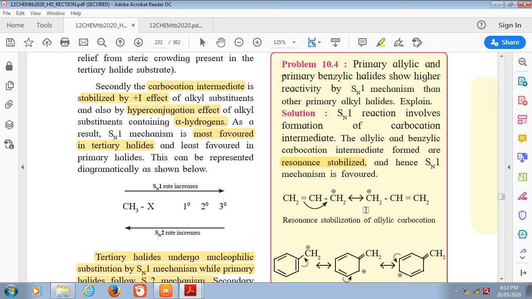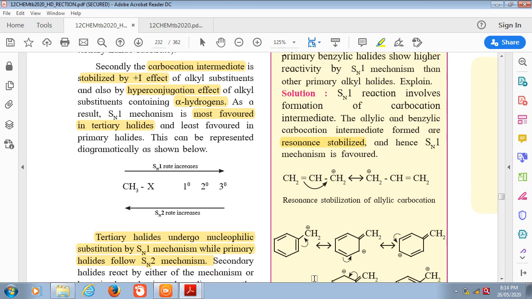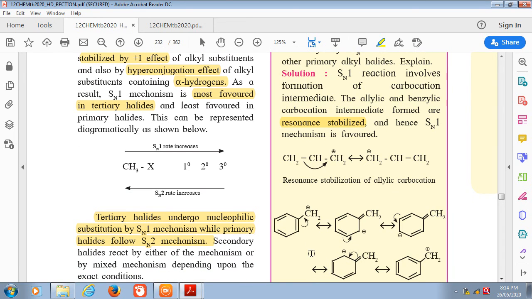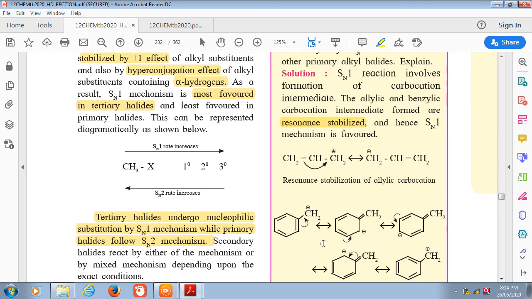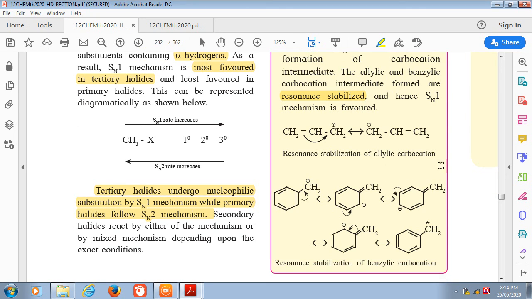This allylic carbocation can be stabilized by resonance, and this benzylic carbocation is also stabilized by resonating structures. If the carbocation is stabilized by resonating structures, then it favors the SN1 reaction. If it is not stabilized, then it does not favor the SN1 reaction. So in this way we will understand the concept and mechanisms of SN1 and SN2.